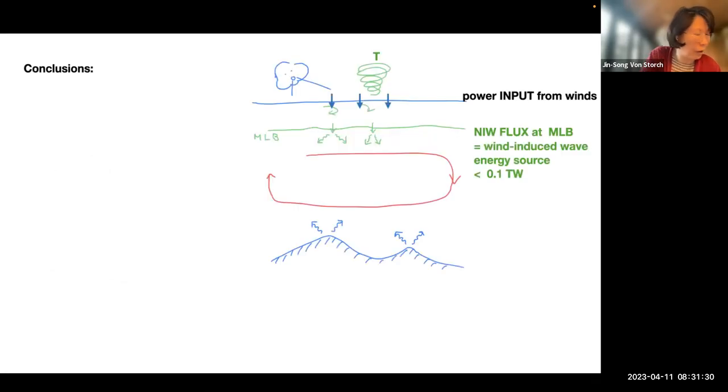Yeah, that's about what I want to say. So coming back to what we found, the wind-induced wave energy source is actually pretty weak. It's smaller than 0.1 terawatts.